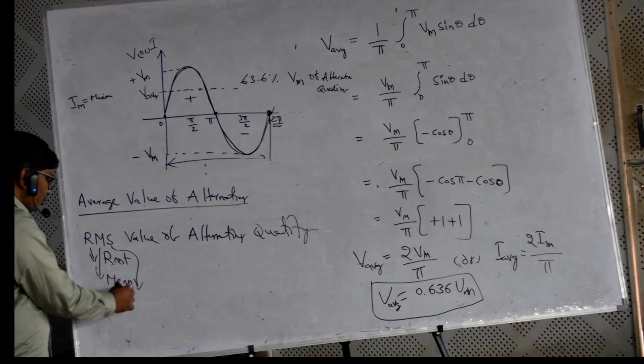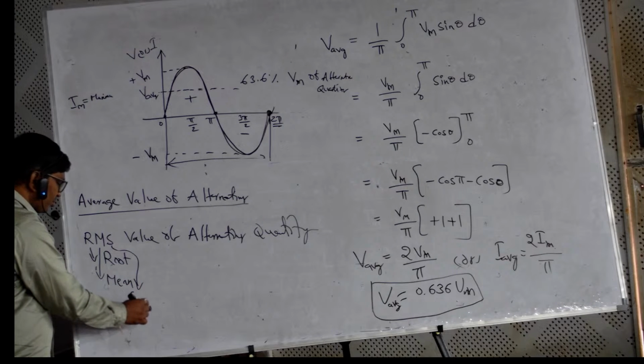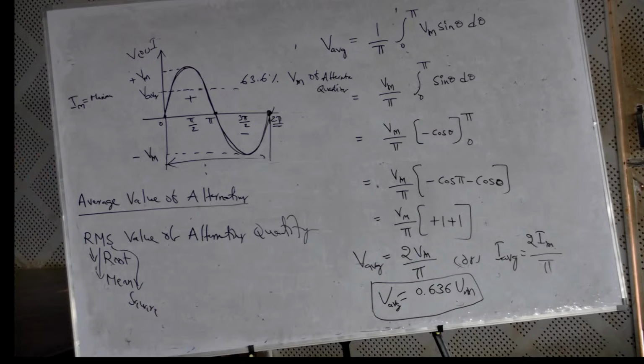What is the other name of average? Average is nothing but mean. The other name of average is mean. So root mean square value is known as the RMS value.